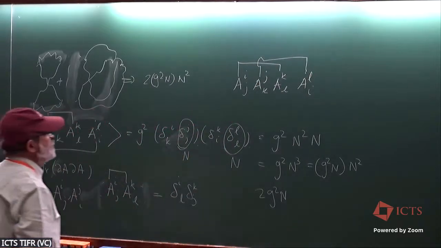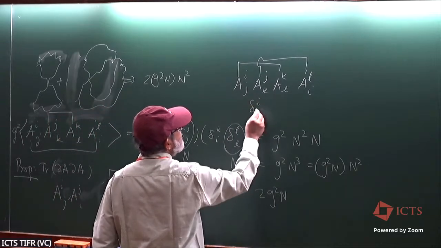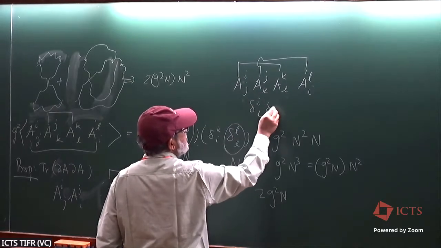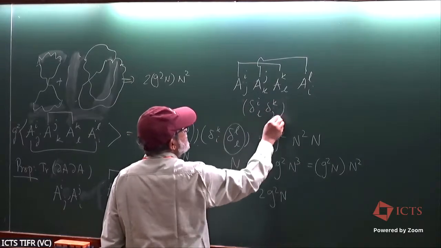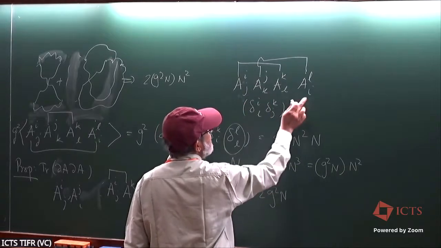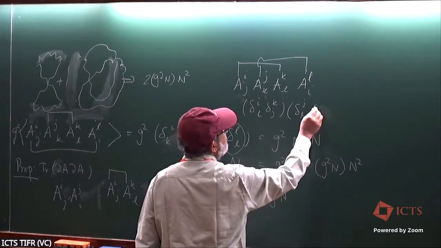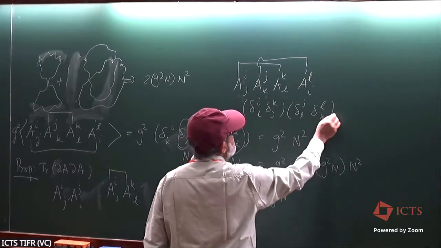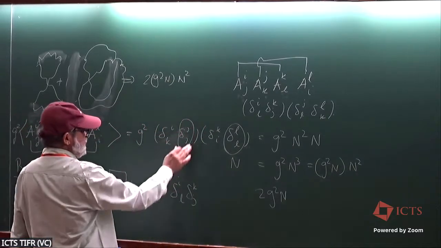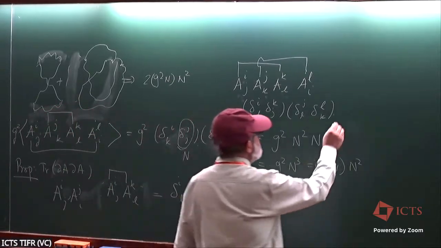Now let's see. So I get delta Ij from these two things. I get delta IL, and delta JK, right? Delta JK. That comes from this contraction. And from here, I get delta JL, and delta KL, delta LK. Okay? No such structure has appeared, delta JJ, delta LL, etc. And now let's simplify this.